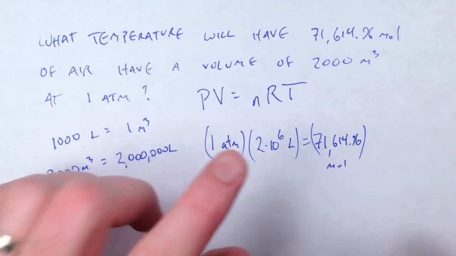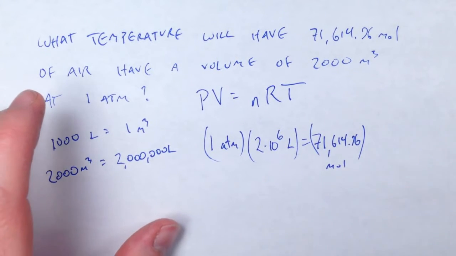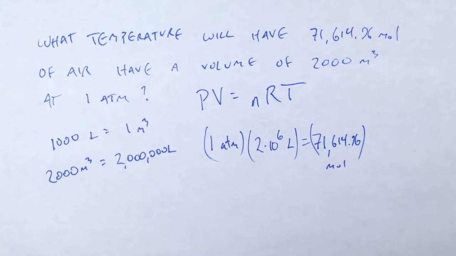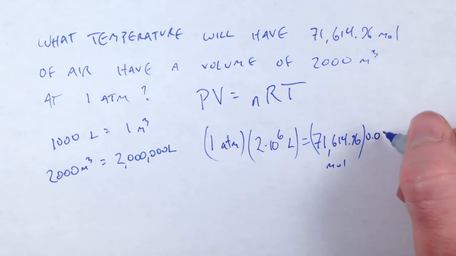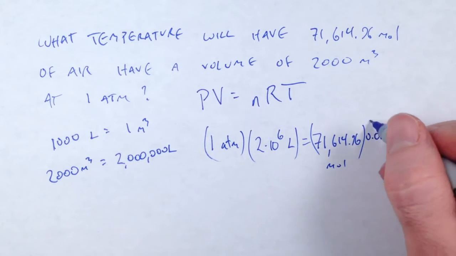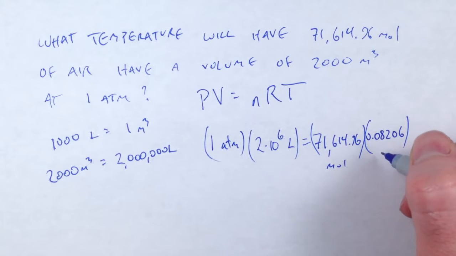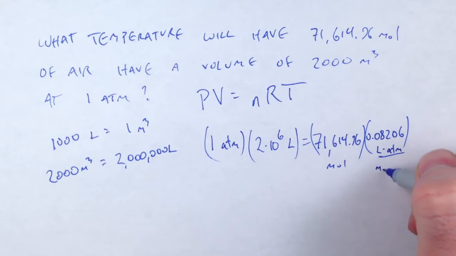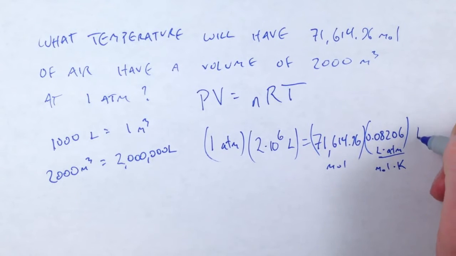R is the same number as it was in the previous problems, and that is 0.08206. That's units liter atmospheres per mole Kelvin. All right, I just barely have enough room for the temperature. But the temperature is what we don't know anyway, so hooray, I'm safe. That temperature is going to be in kelvins.